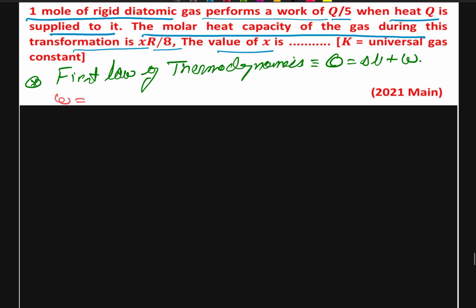Therefore Q is equal to delta U plus Q upon 5. So from here we can find delta U, which will be equal to 1 minus 1 by 5, that is 4 upon 5 times Q.